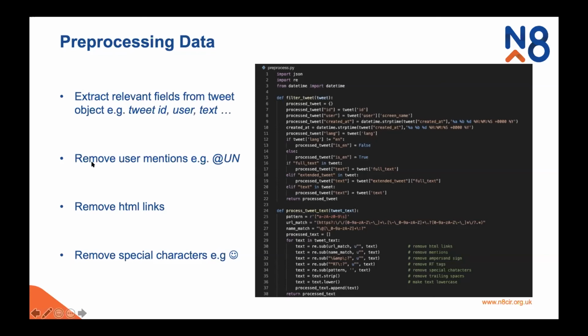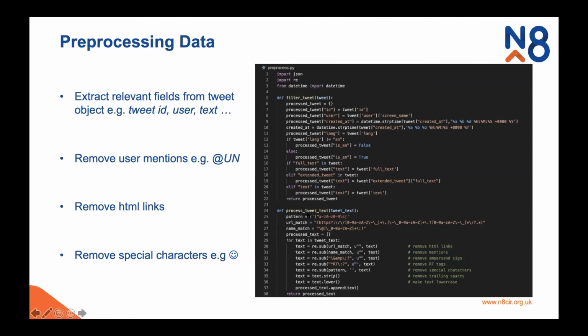Another thing to do, for example, if you have your text, is to remove the user mentions from the text. In Python, there is a very good package called the regular expression package. Here I am importing the regular expression package. Based on some regular expressions, it allows you to extract a part of a text and things like this.